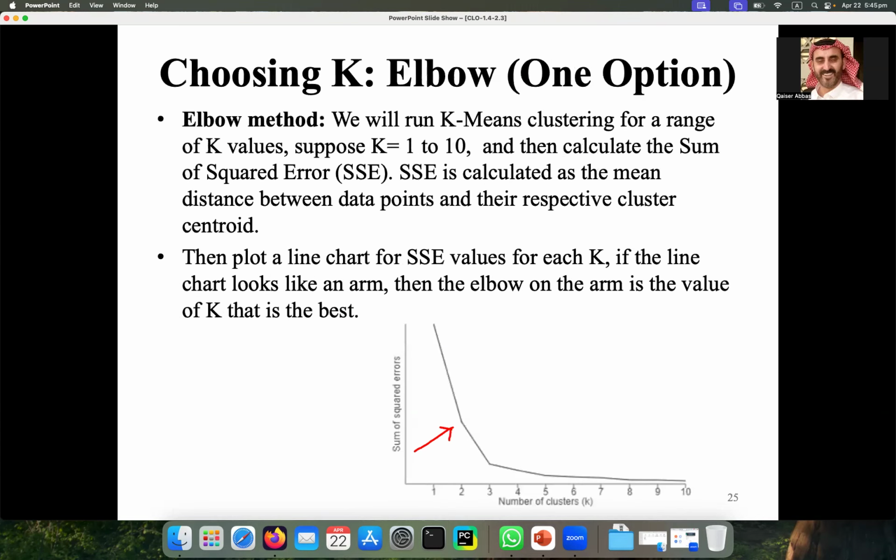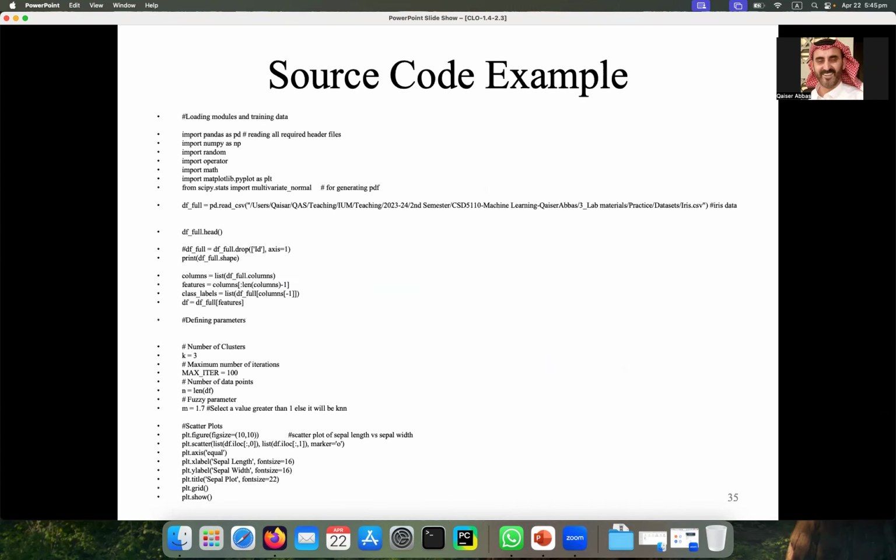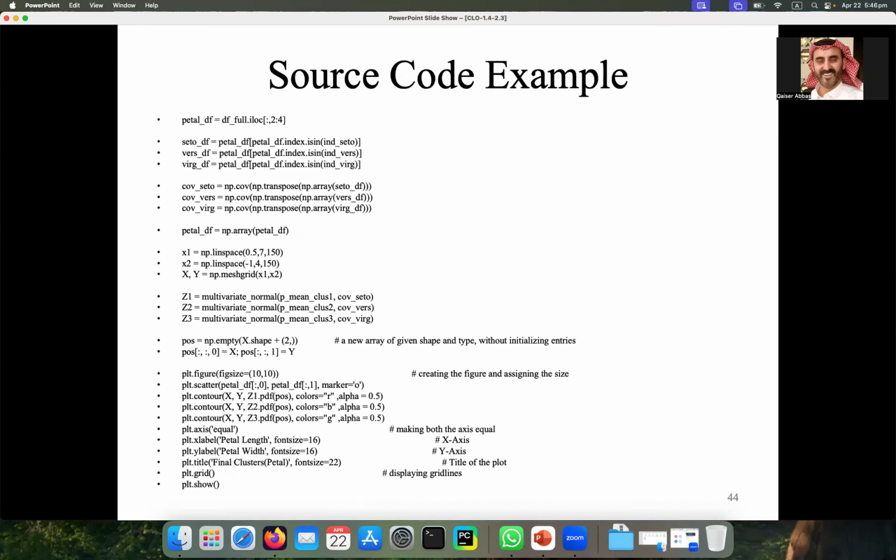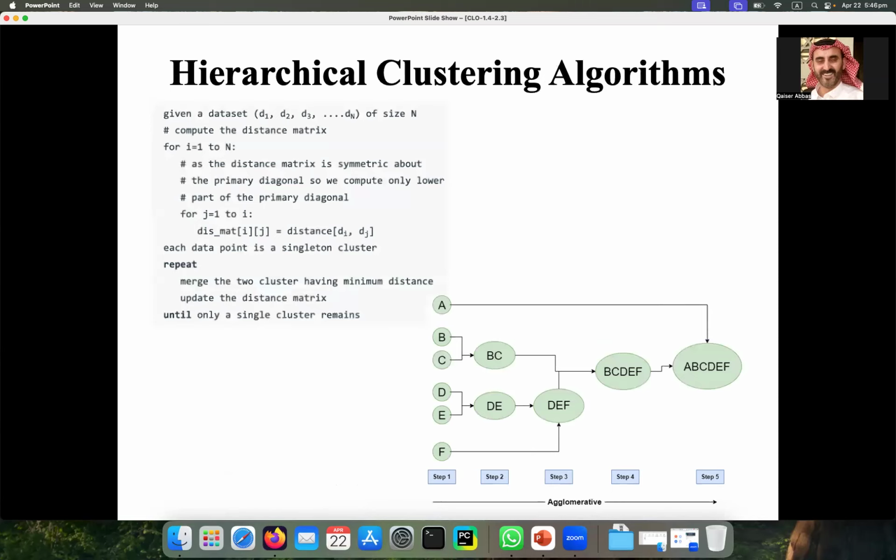So that's why now we are going to start just the definition or the minor description of hierarchical clustering. If you look into this diagram, initially you will have the data points like single clusters.